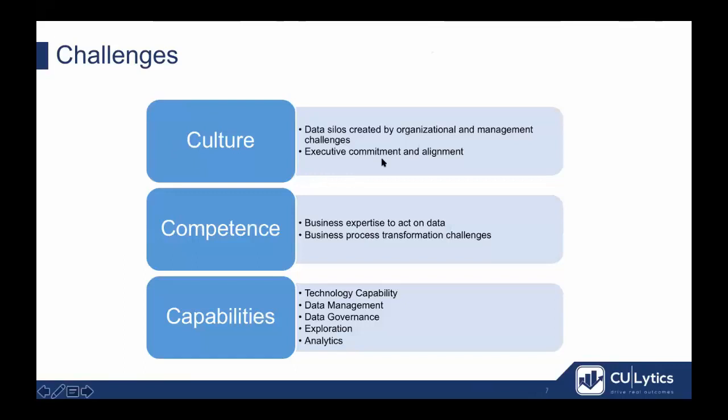That is where the executive commitment and alignment come in. Because if an organization does not have an appropriate level of support and alignment, any initiative, it doesn't matter whether it is a data initiative or anything else, will have a harder time becoming successful. Competency and capabilities come second. I think it starts with the culture.